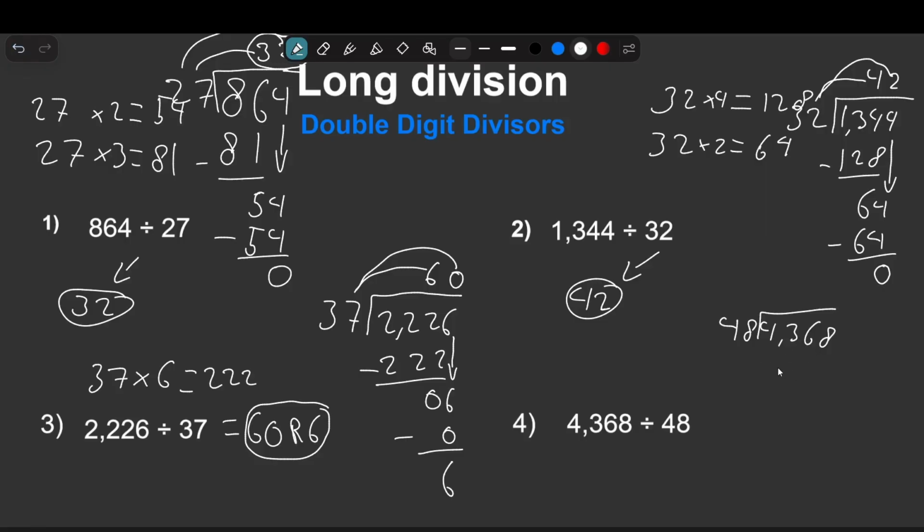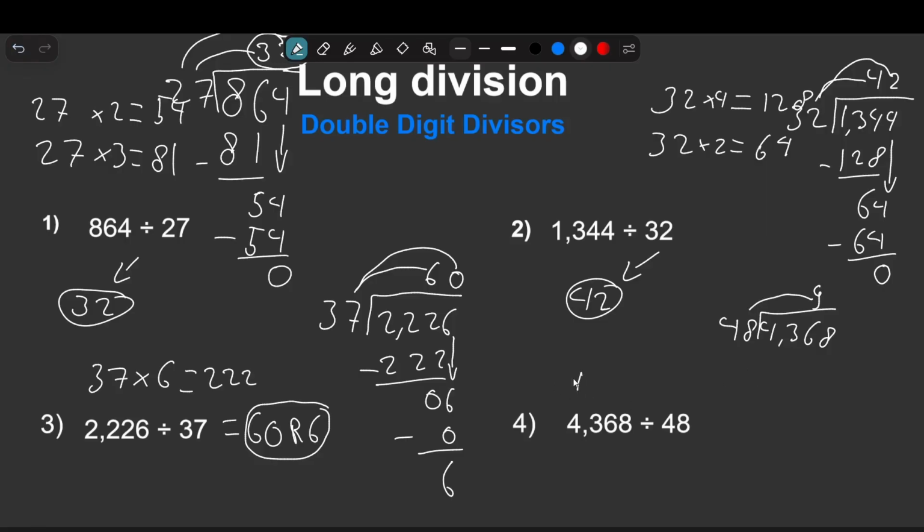So, how many times does 48 fit into 436? Well, 9 times. So we're going to write our 9 up here. And don't forget, you have to put your number up in the correct spot, so you don't get the answer wrong. So now we have to multiply.